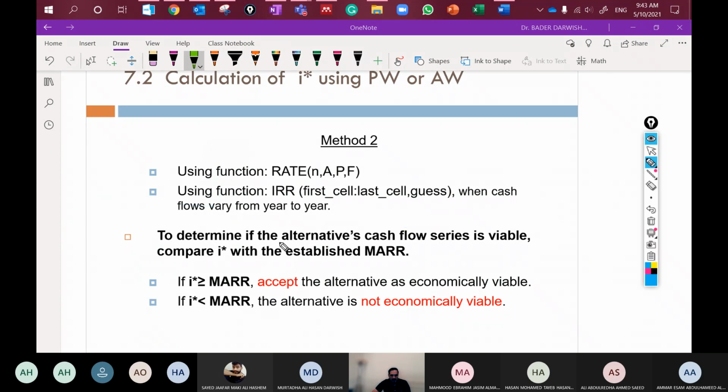If you're going to determine the rate of return and you want to know whether it's viable, it says if I is equal to or greater than the MAR, you accept. If the interest rate you discover is lower than the MAR, then it's not viable. Then at a minimum attractive rate of return, either you're getting it exactly or you're getting greater.